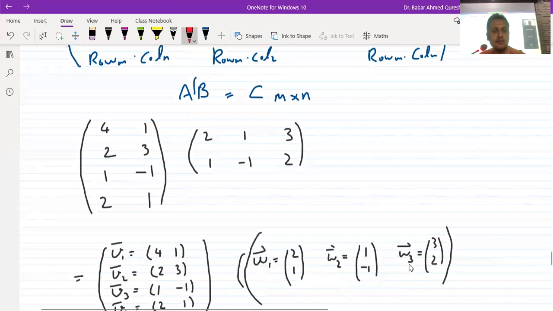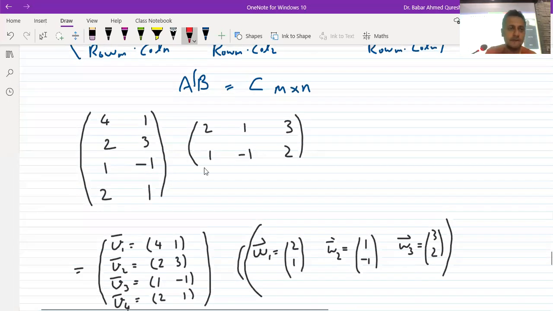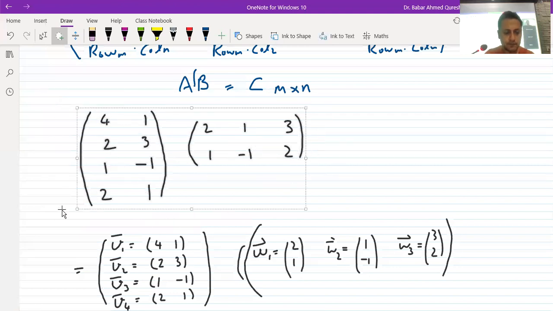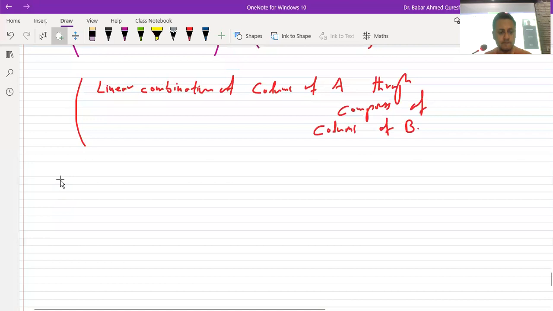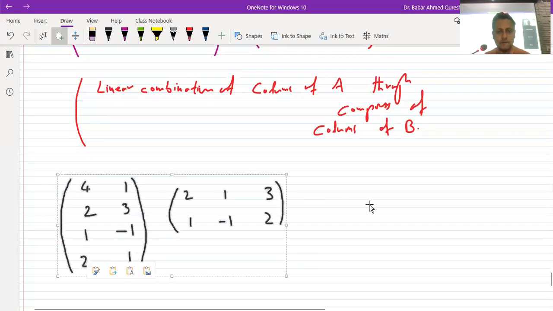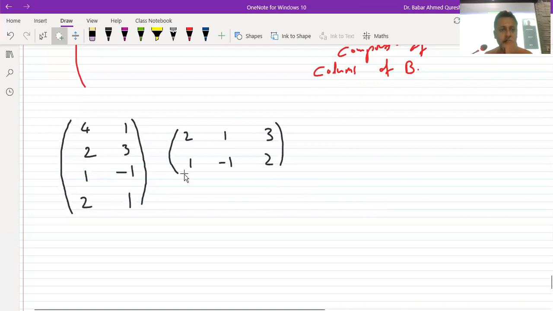So I guess we can copy this example. And so I have this column. I have two columns over here. If I need to make a linear combination through the columns of the second, I better have the same number of components in this, which is true over here.